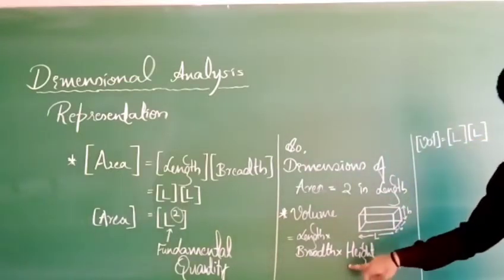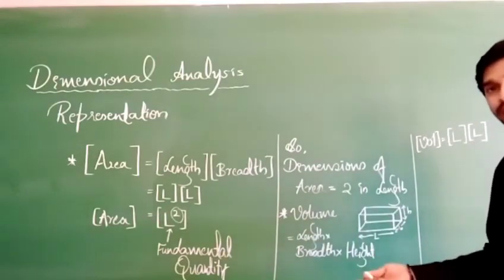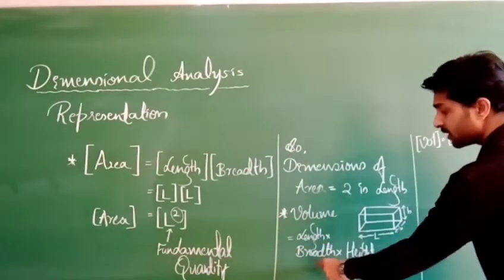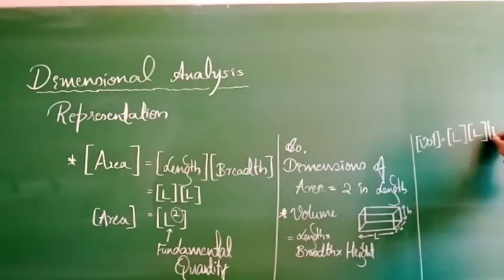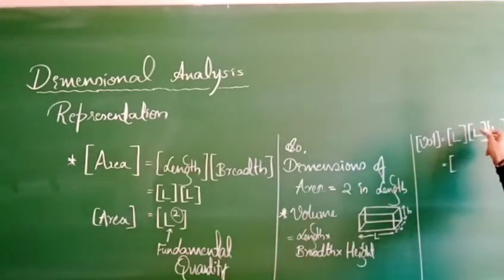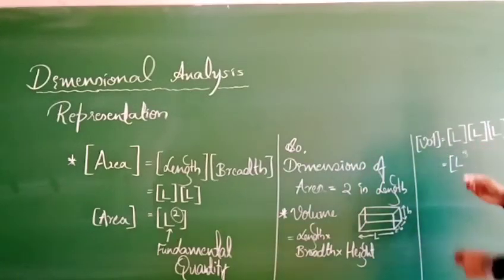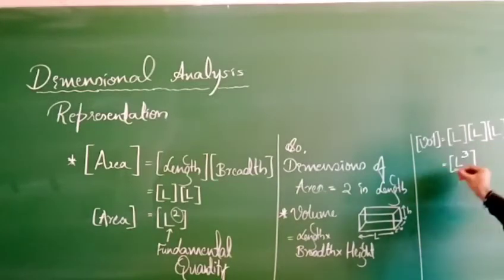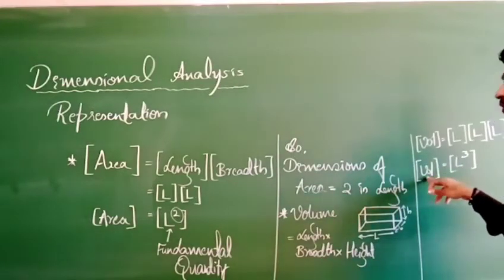Height is also a length factor only, because we are measuring distance here in the units of meter, meter, meter. So here L into L into L. So finally what we are going to have is L, L, L. That means it will be L to the power of 3. Clear? This is nothing but the dimensional formula for volume.